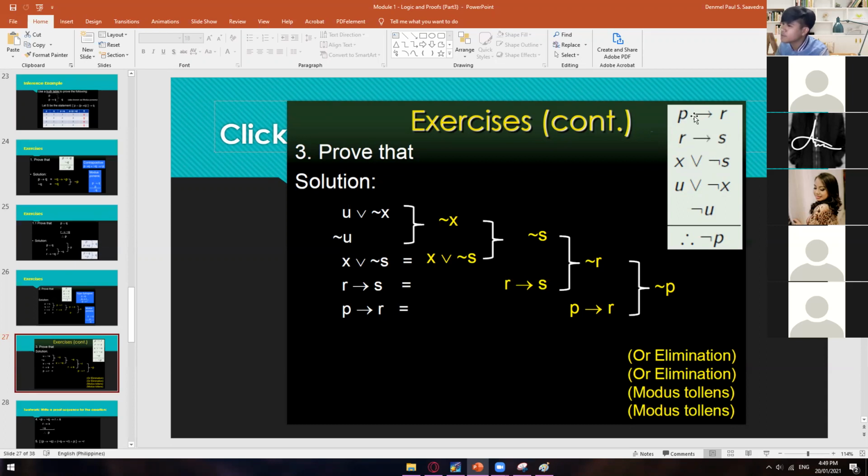For example, this one, P conditional R and then R conditional S, can actually be done using hypothetical syllogism, so you can come up with P conditional S. But take note, you're trying to prove that this one is equal to not P. If your result is not equal to not P, then your way of eliminating things is not correct, so you might want to change your approach. So maybe that is the reason. Thank you, sir.